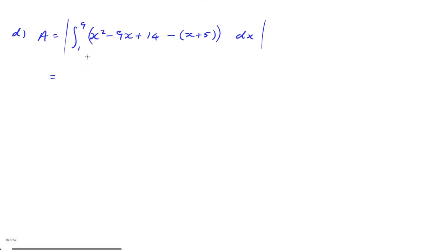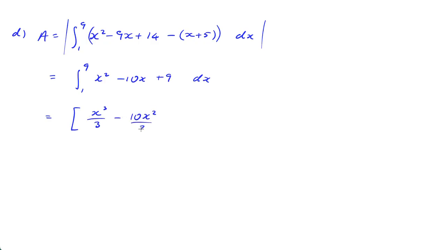So let's just multiply this out first. It's x squared, that's minus 9x minus x is minus 10x, and then the 14 minus 5 is the plus 9 dx. Let's integrate. This is x cubed over 3 minus 10x squared over 2 plus 9x from 9 to 1.